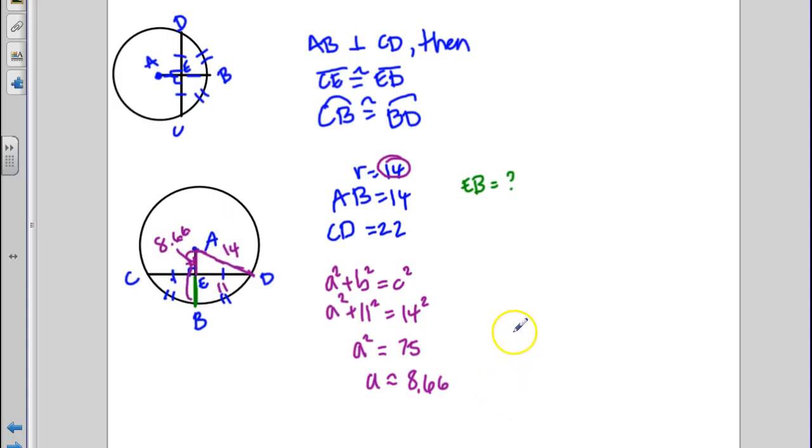So we have the radius minus 8.66, or AB minus AE gives me EB. AB, the whole thing, minus AE gives me EB. All right, so 14 minus 8.66, which is about 5.34, rounded to the nearest hundredth.